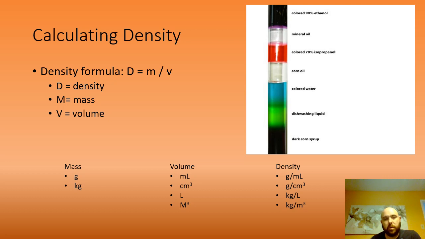And so when you calculate density, you mix these units, and you will see the values for density having units similar to or the same as what you see here, but this is not an exhaustive list. You can have a lot more different units for density. But some examples are grams per milliliter, grams per centimeter cubed, or grams per cubic centimeter, kilograms per liter, and kilograms per meter cubed.